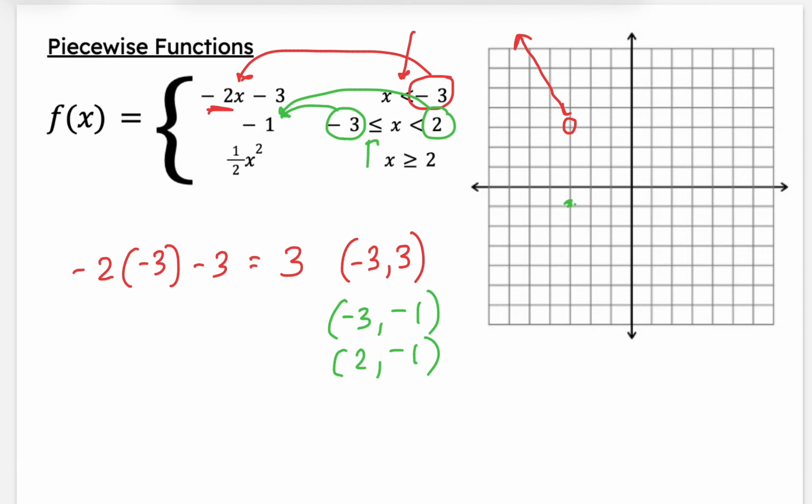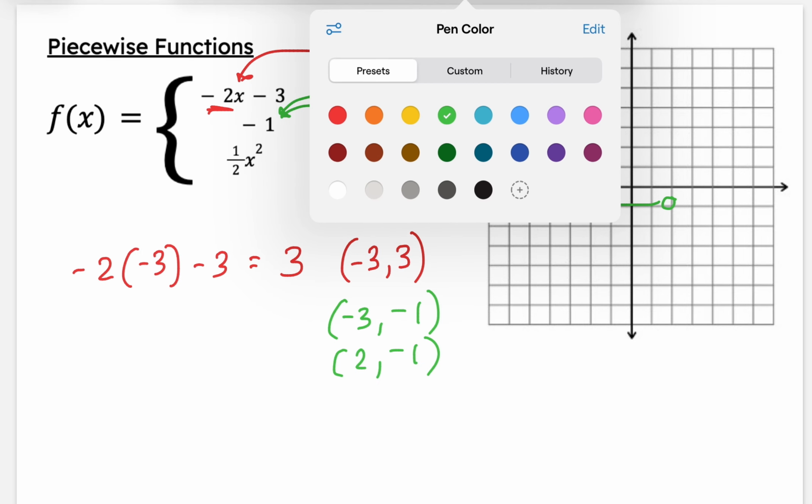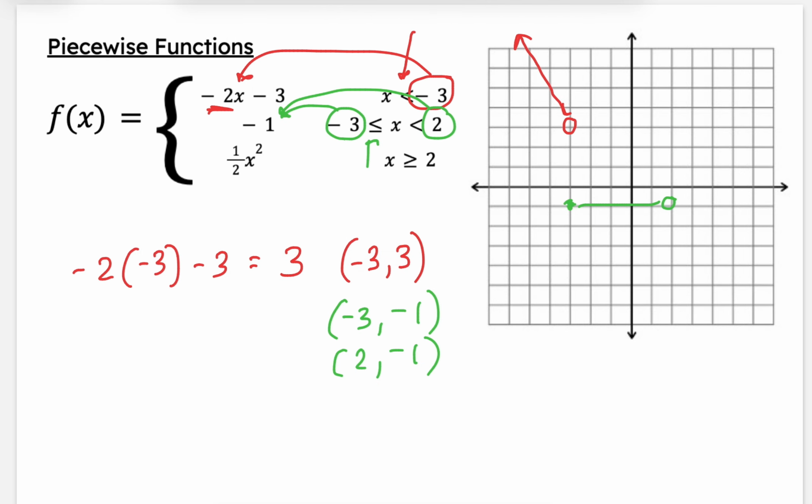Then I'm going to go to (2, -1) and do an open circle, and I'm going to connect. Let's try that. Okay.